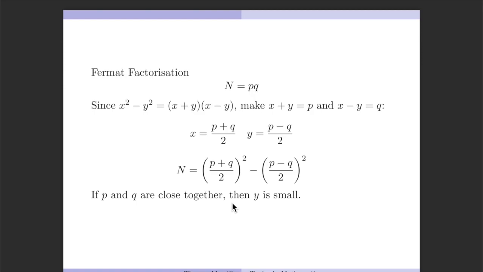So for an RSA modulus, I've got a pair of primes, p and q, and from that lemma, I know that one of these primes has got to be less than the square root of n, and the other has to be greater than the square root of n. I know that because they're supposed to be different primes.